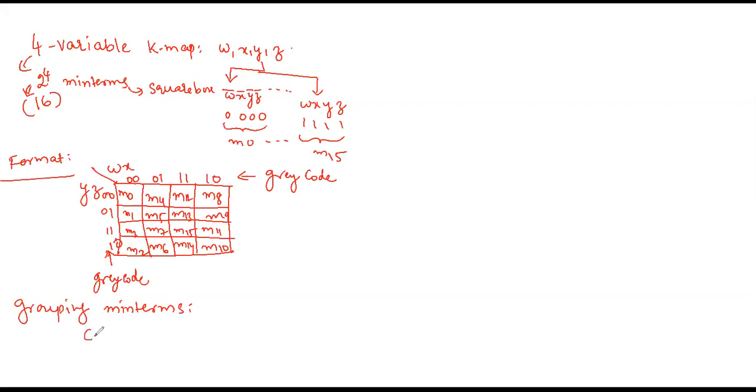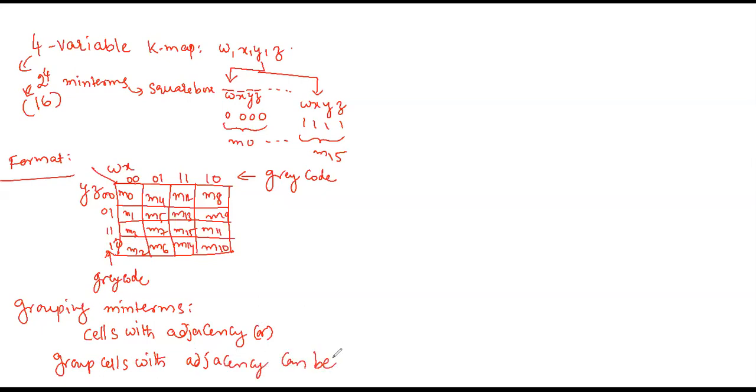Cells with adjacency, or groups of cells with adjacency, can be formed as a group. This is how to group the minterms. Along with this single statement, by using the general guidelines, you have to group the minterms.